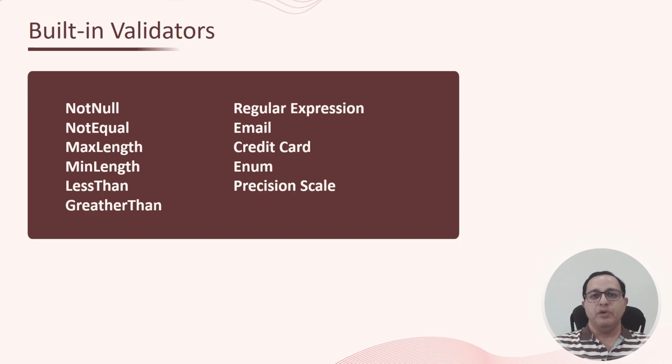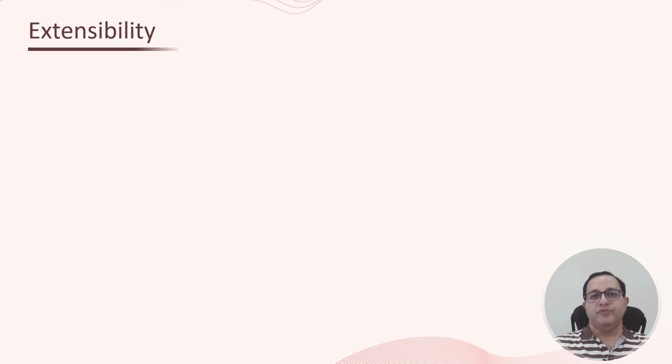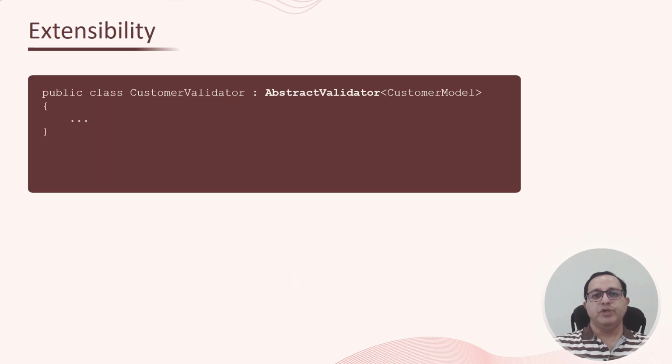Fluent Validation Library provides a wide range of pre-built validators to handle most of the common validation scenarios. You can visit the Fluent Validation docs to check the full list of built-in validators. Another feature of this library is that it's fully extensible. It allows developers to create custom validators to handle their unique and advanced validation needs beyond the built-in options.